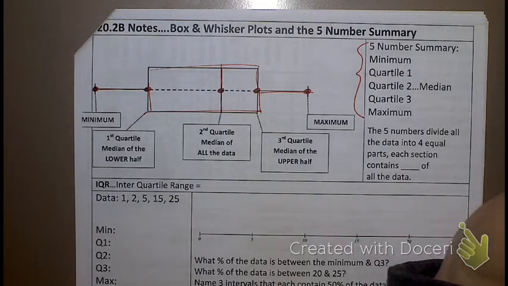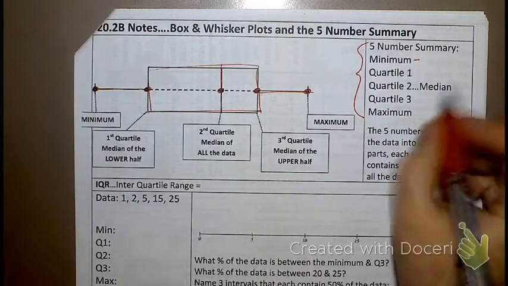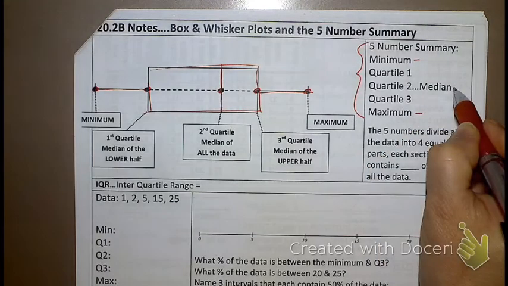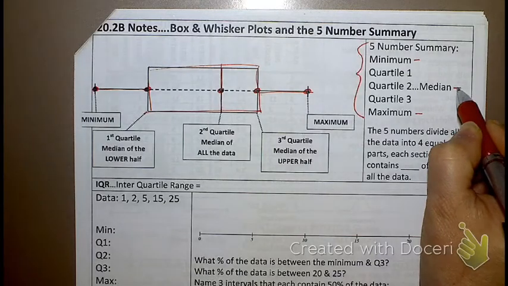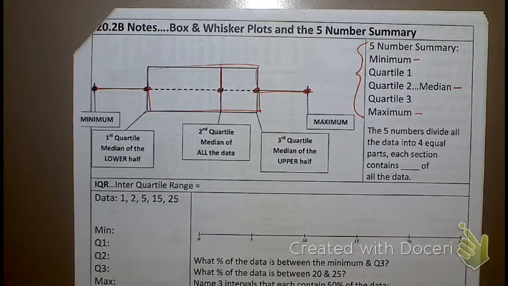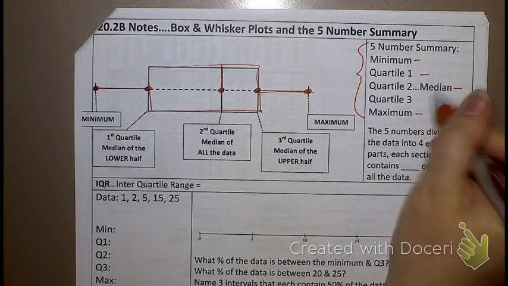Okay? The 5-number summary includes your minimum, and at the other end, your maximum. In the middle, number 3, it contains your median, which is also known as quartile 2. However, it's more frequently called the median. And then there's something called quartile 1 and quartile 3.